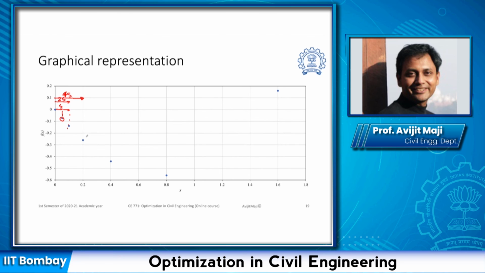Now it is 4s from my start point, which is going to be 0.2, and we are seeing that the objective function value at this new point is better than the previous point. So it becomes 8s, which means from the initial point it is 0.4, and we are seeing the same thing. So from 8s it will become 16s, which will be the point at 0.8, and again we are seeing improvement in the objective function value.